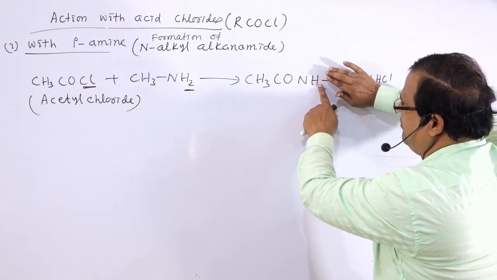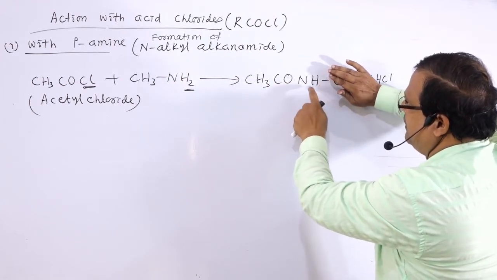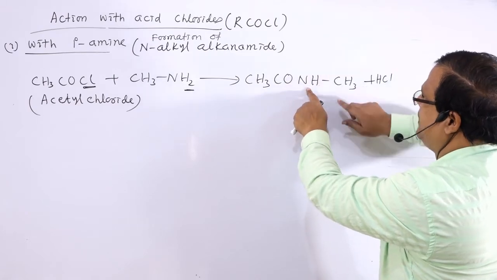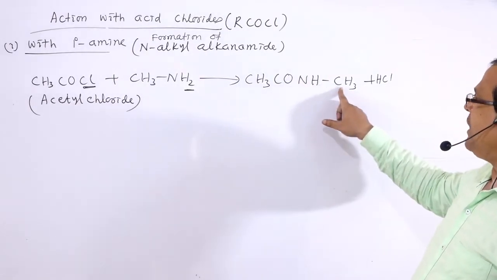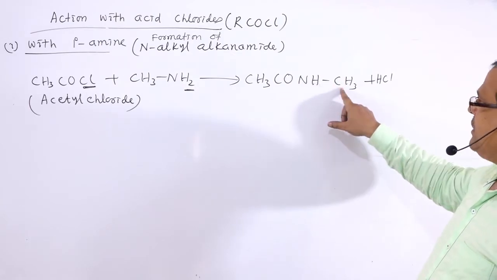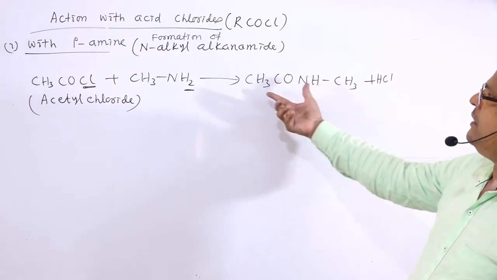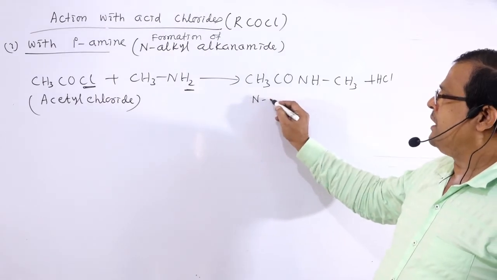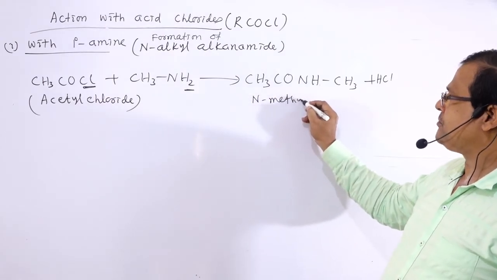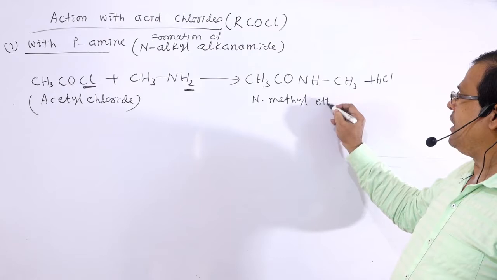From this nitrogen atom, a hydrogen atom is replaced by the methyl group. Then it is named N-methyl ethanamide.